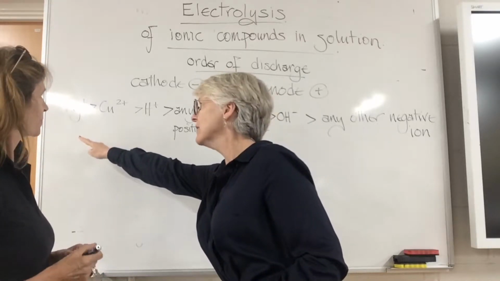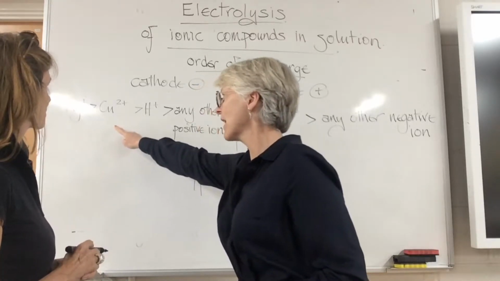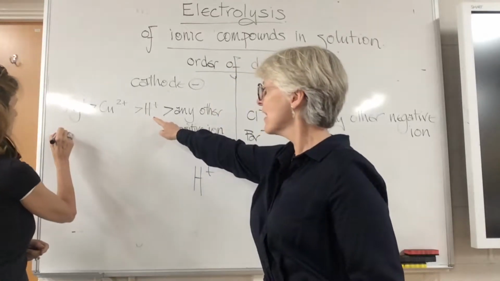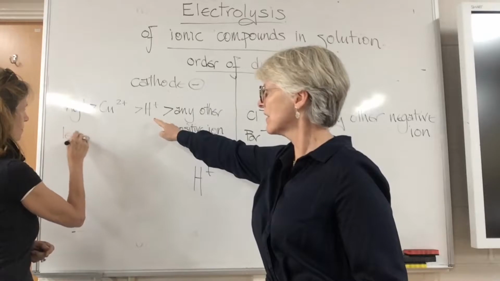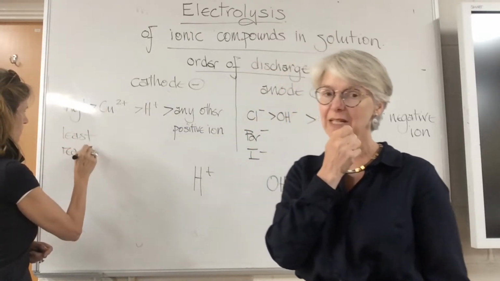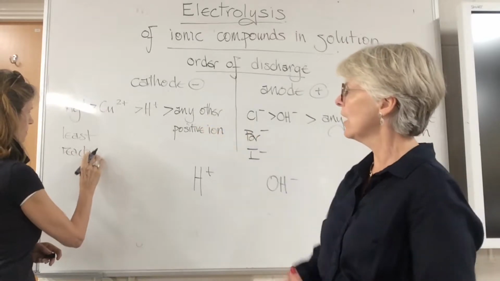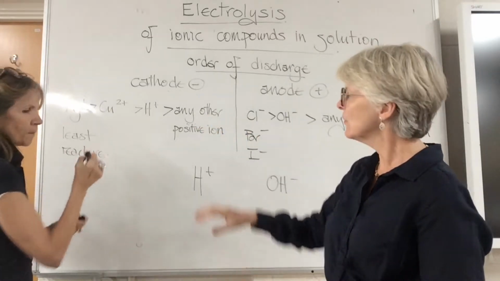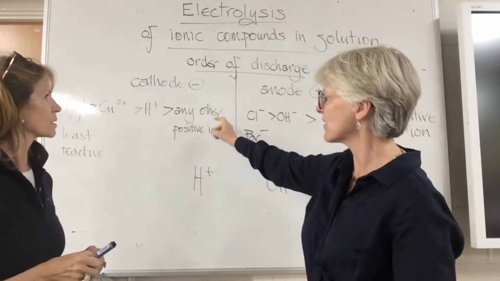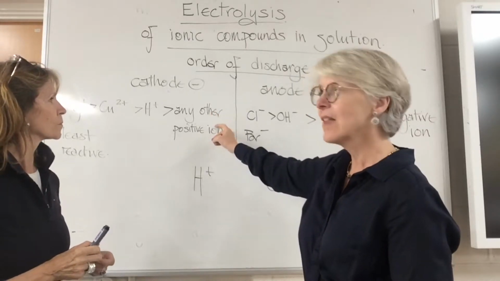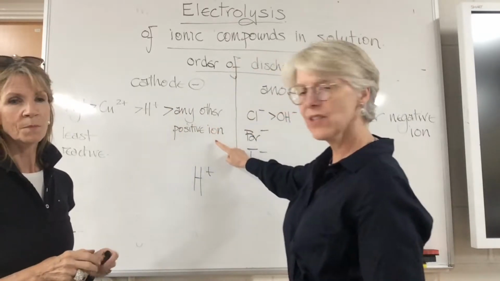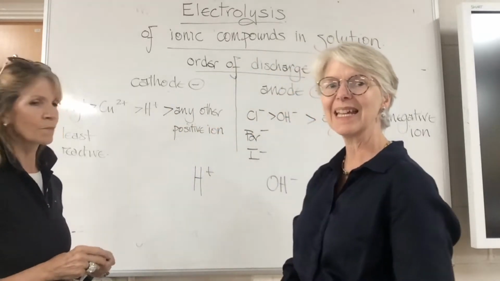So silver, Ag+, is less reactive than copper, and that's less reactive than the hydrogen ion. So the least reactive metal would be discharged before hydrogen. If you've got a more reactive metal in the mix, such as sodium, the hydrogen would be discharged and the sodium would stay in solution.